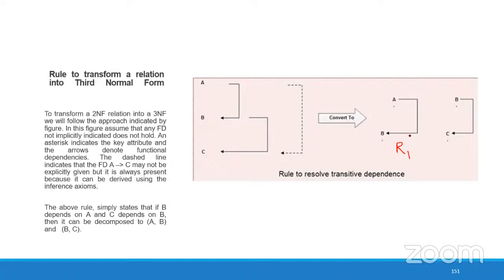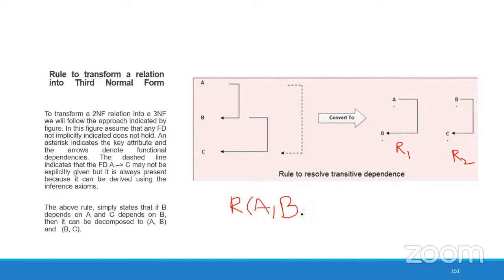The functional dependency between A to B, I create as relation 1, and relation 2 only with the functional dependency between B to C. Now we separated the relation R(A, B, C).